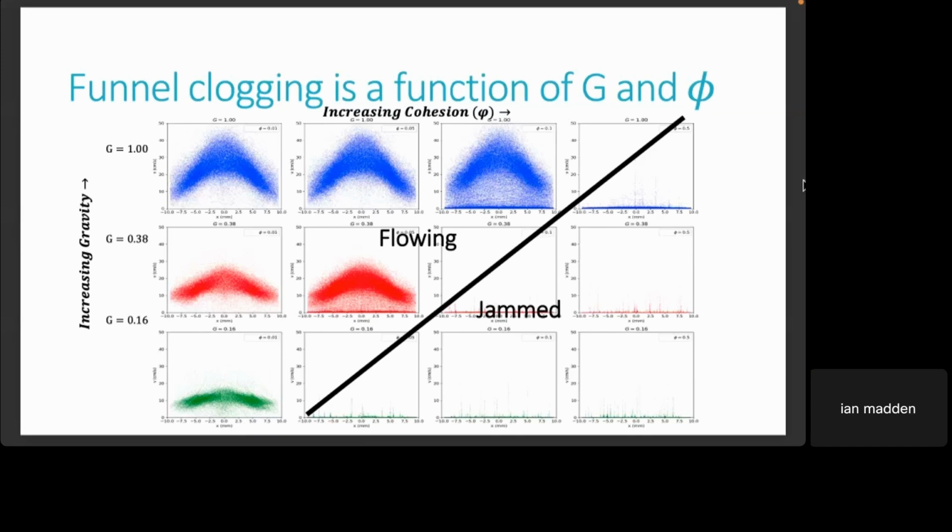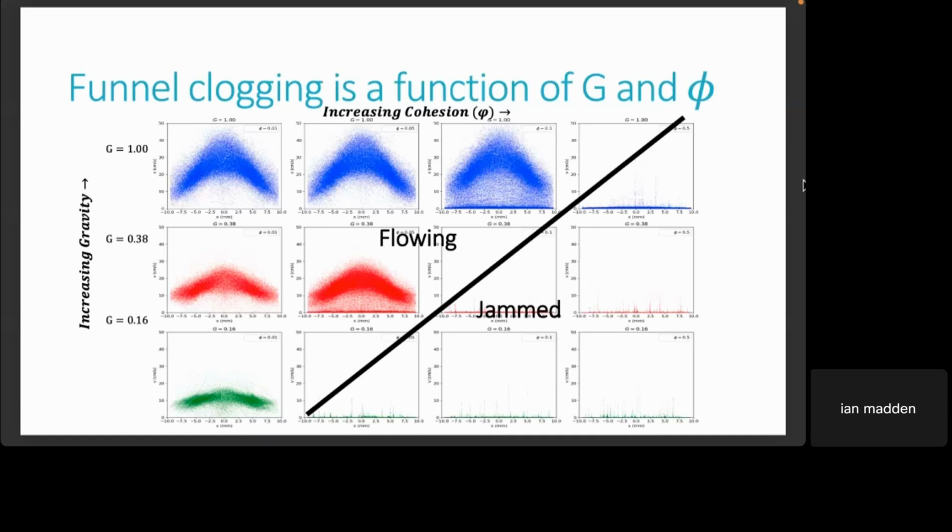But as you increase phi, you hit some critical point where this arrowhead starts collapsing and the whole funnel clogs. And as you decrease G, so you move down this diagram, that critical phi also decreases. So you get an upper left-hand triangle shape between what flows and what jams.